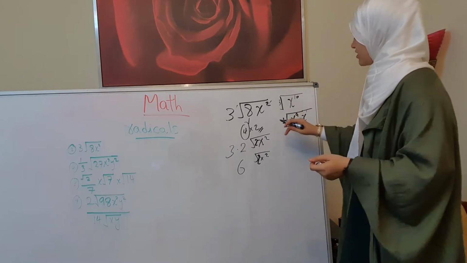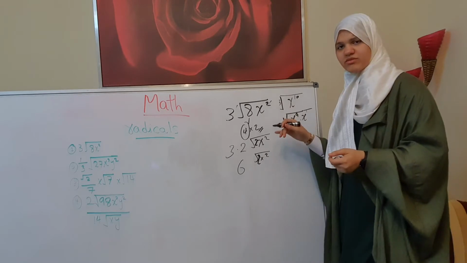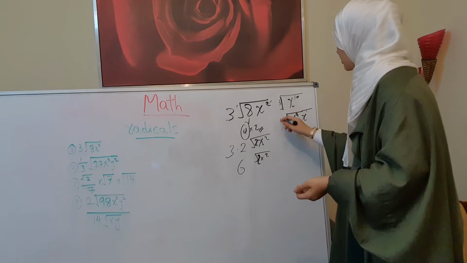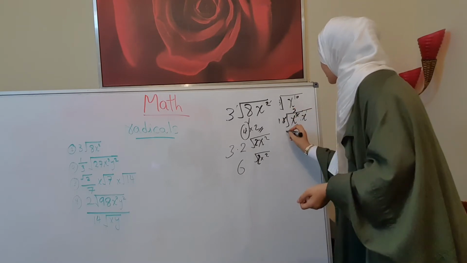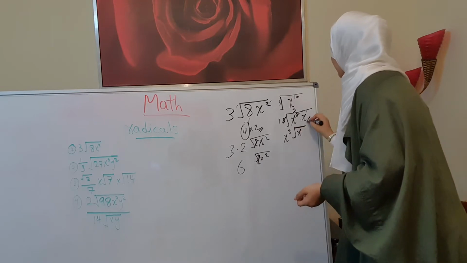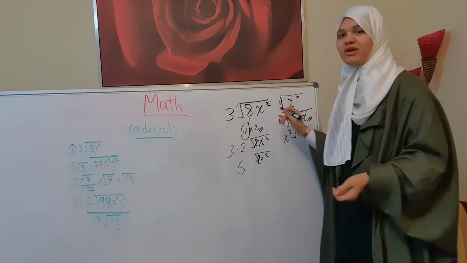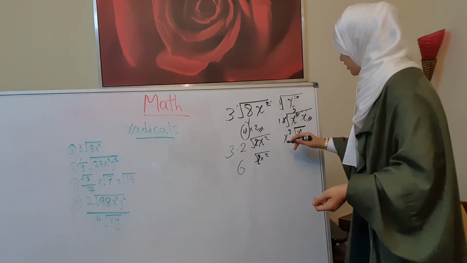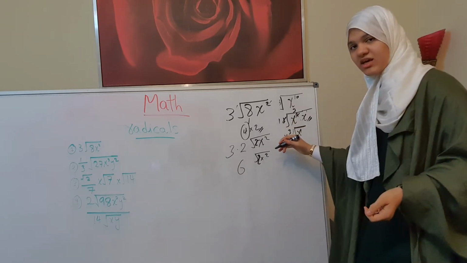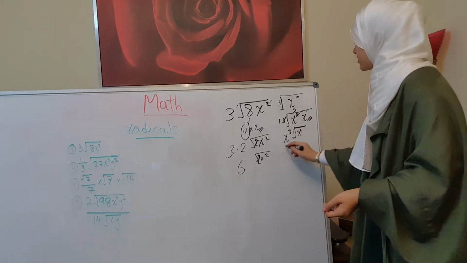That means what? 3, 9. Is it a multiple of 3? Yes. 3 times 3 is 9. So that means it is divided by 1 and here by 3. Then what we have is x to the power of 3 times the cube root of x, because it doesn't have any multiple of 3. X to the power of 3, the cube root of x.